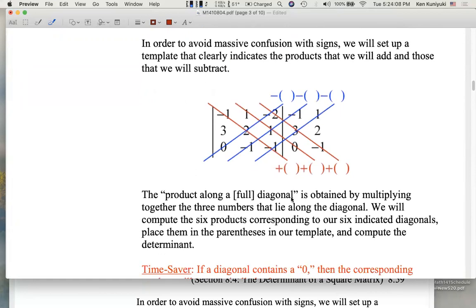This is what I showed before. You add the products along the 3 full diagonals this way, subtract the products along the 3 full diagonals this way. So within each pair of parentheses, you put the product along the corresponding diagonal.